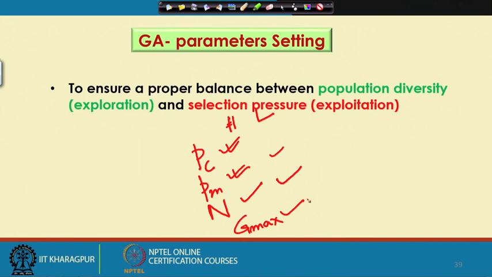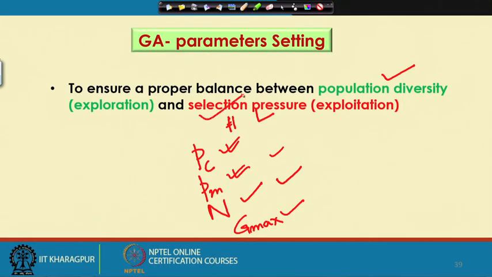Now, if I want to use GA to solve some optimization problem, I will have to find out the optimal values of these GA parameters. Now, how to determine these optimal GA parameters? There are different ways. Here I am just going to discuss a particular method in detail, but before that let me tell you the purpose of finding the optimal GA parameters is to ensure a proper balance between the population diversity and the selection pressure.